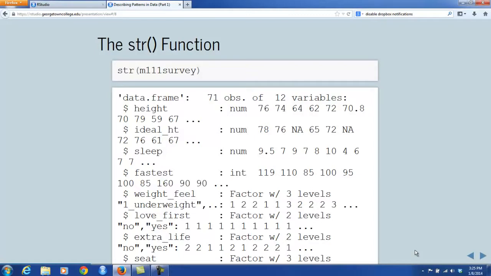So for a data frame, the parts of the object can be thought of as the variables. And Math 111 survey has 12 variables. They're related to each other in that they are all variables that are measured on the same set of observations, the 71 people in the survey. That's the relationship between the parts of this data frame. But R goes a little further.